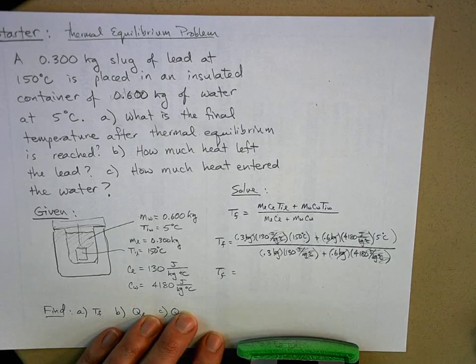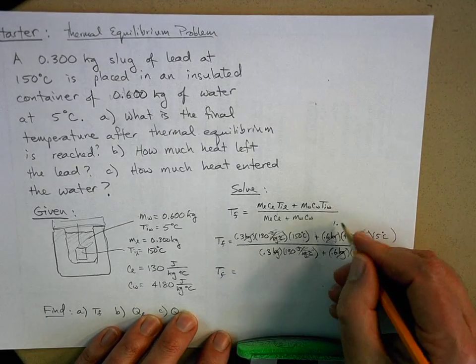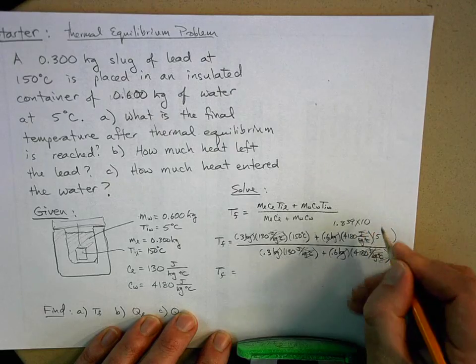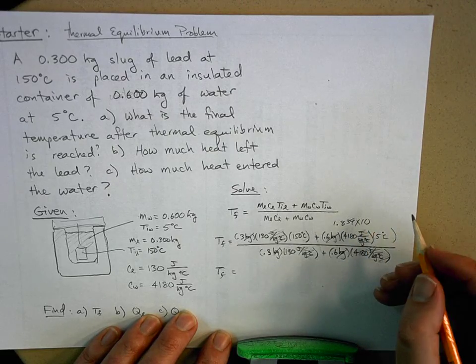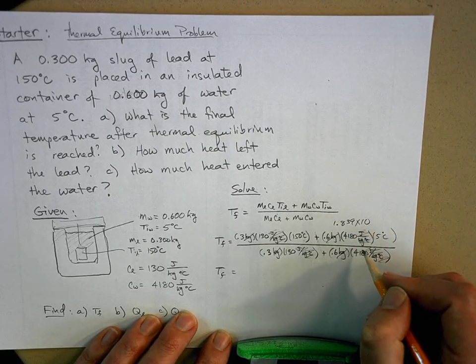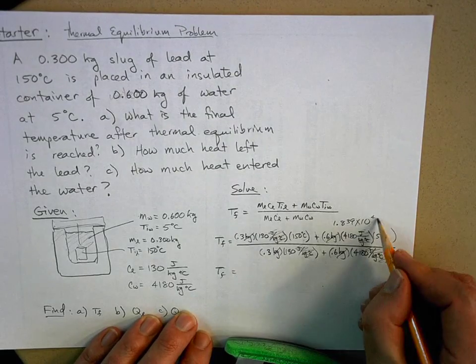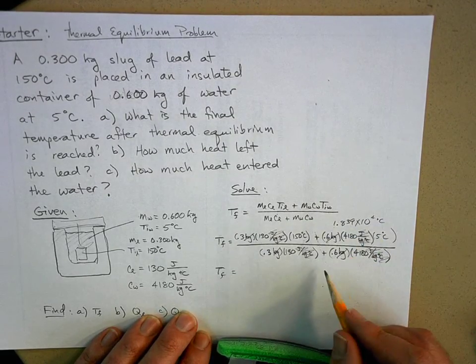Now for the numerator I got 1.839 times 10 to the 4. Is that right? Yeah. Degrees Celsius. Now I have to divide that by the denominator.